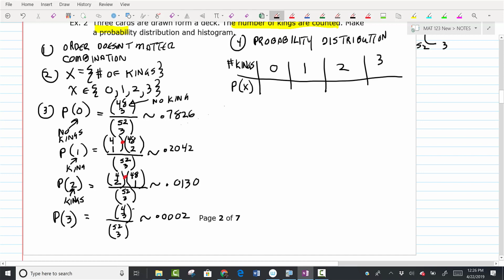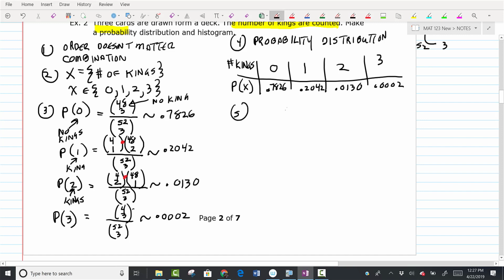And we already got those probabilities: 0.7826, 0.2042, 0.0130, and 0.002. So we called that a probability distribution. And again, that second row should add up to 1. You guys with me?